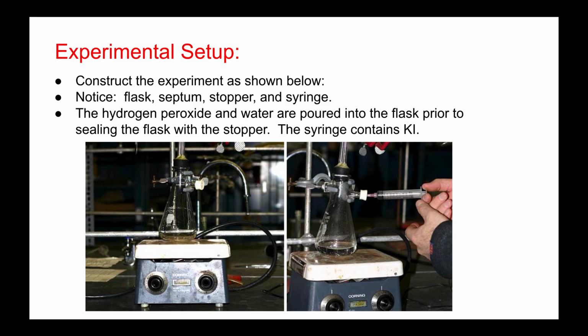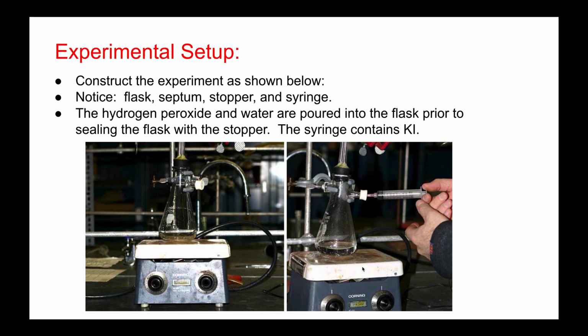So oxygen is being liberated. Since oxygen is being liberated, the pressure in here is increasing. We have this hooked up to a pressure gauge, and you can read off the pressure gauge the increase in pressure in the flask.